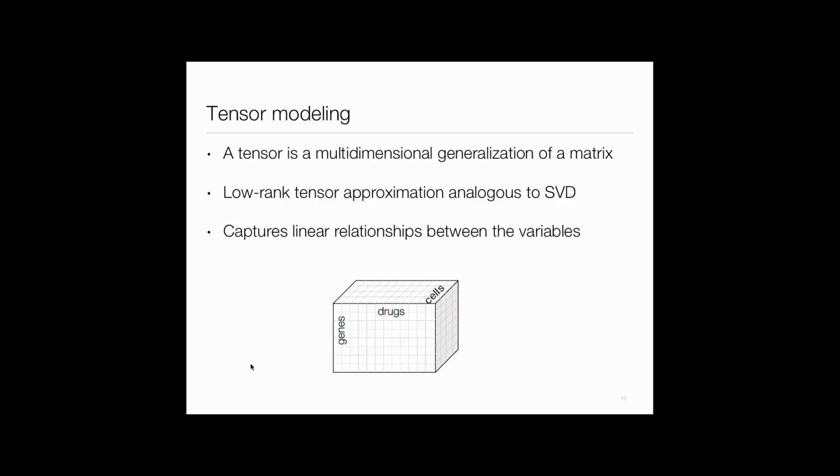And there's this notion of a low-rank tensor approximation that would be analogous to low-rank matrix approximations, such as the SVD, which is another name for PCA. These low-rank approximations capture linear relationships between the variables. And so the idea is we're going to model the relationships between drugs and cells as they affect genes in a linear way in order to be able to fill in the missing entries.